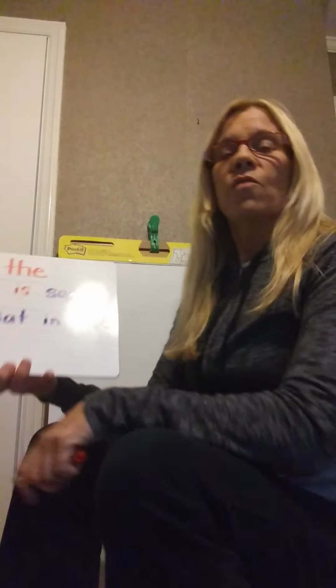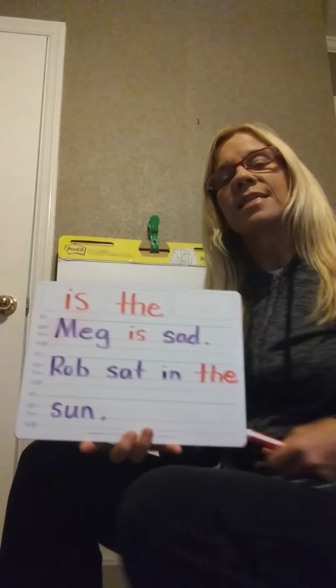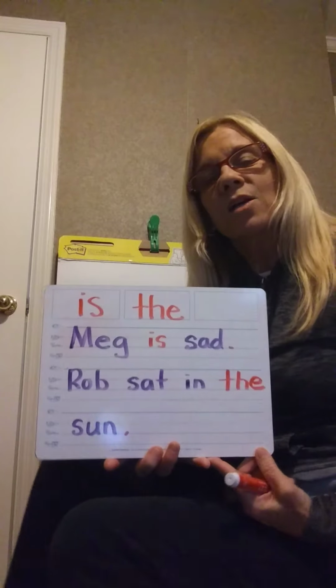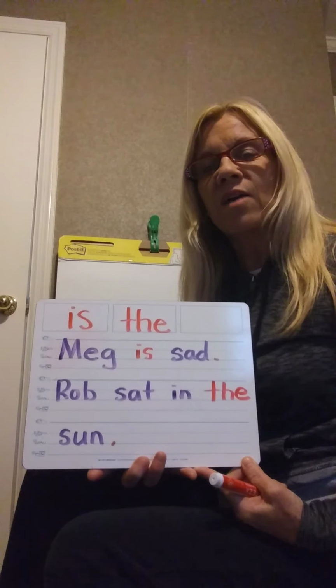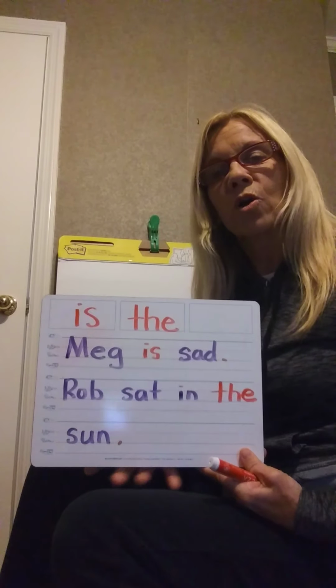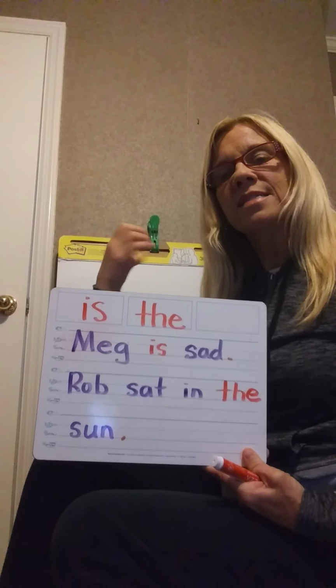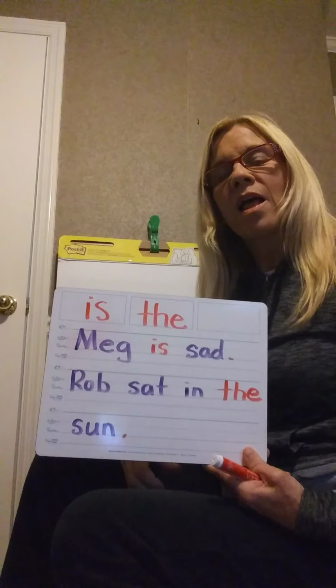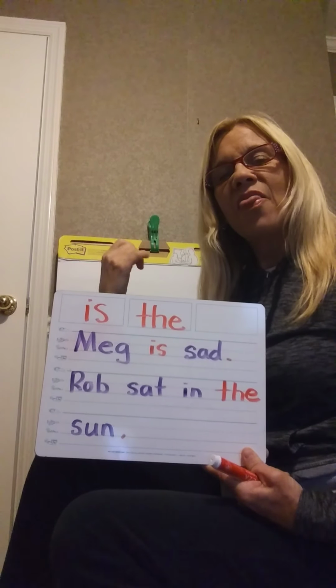So now that we know the differences between words and sentences, there's going to be a few things that we're going to work on today, okay? The first thing is when we're reading our sentences, we need to pay close attention to words that we can sound out. Remember last week when we were tapping and we were tapping out the word sun, or the word at, that.